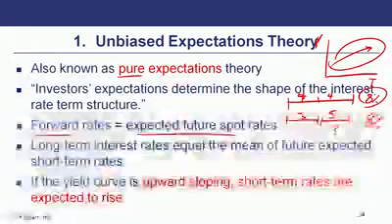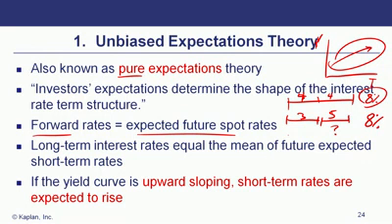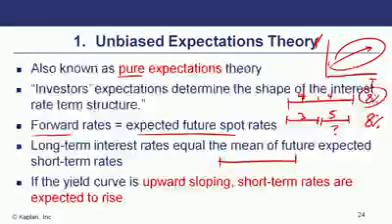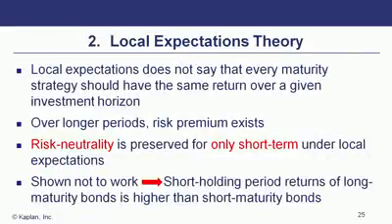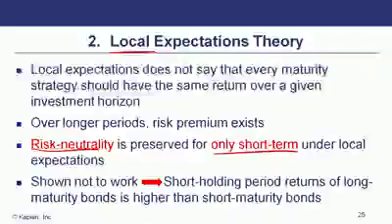So, unbiased expectations. Now, the problem with that is this story that I told, going over 2 years, I could also tell about, let's get a 15-year security versus, I don't know, an 8-year and a 7-year or something like that. Well, what local expectations says is that this risk neutrality thing is probably okay over very short-term stuff. So if we were looking at 1 month and 2 months, then maybe this would work.